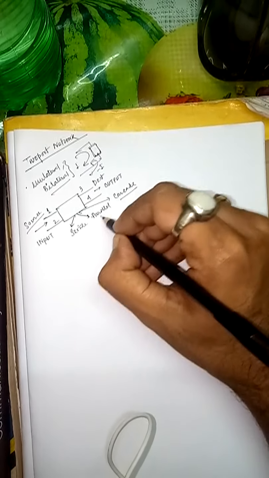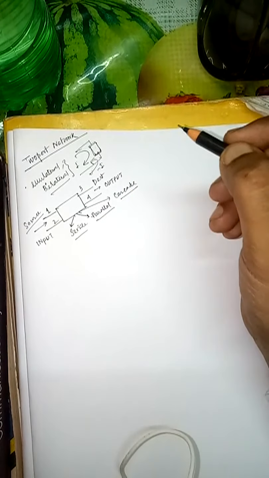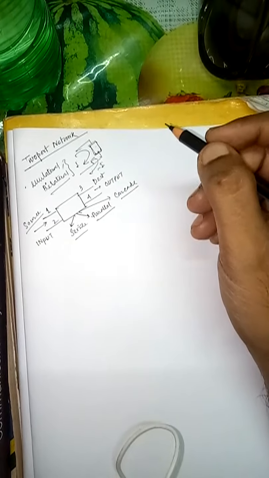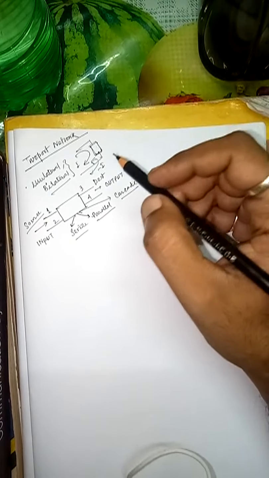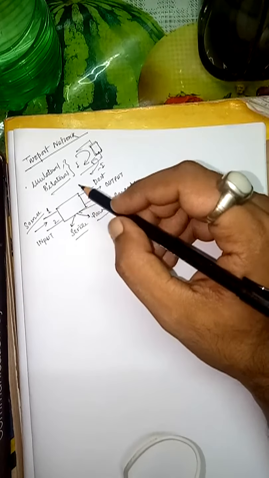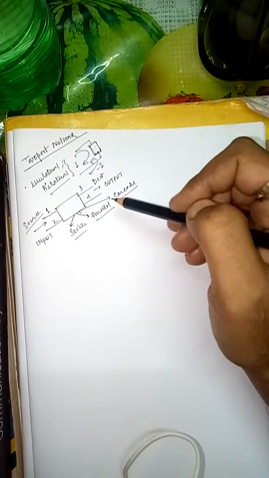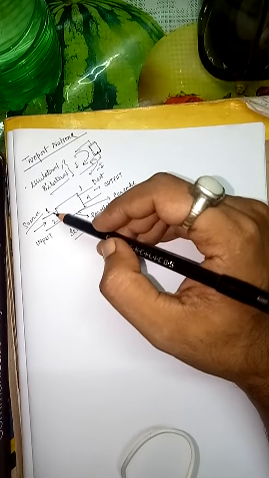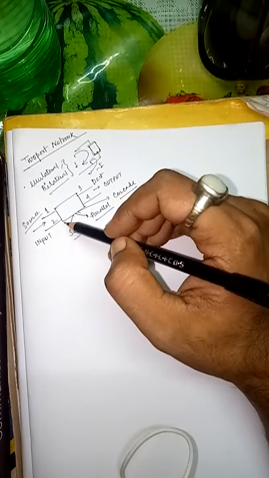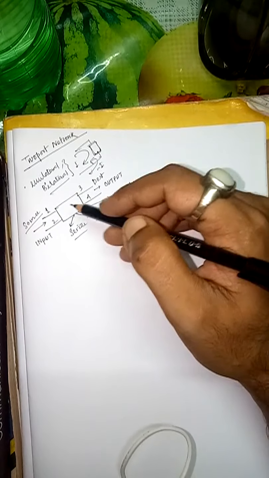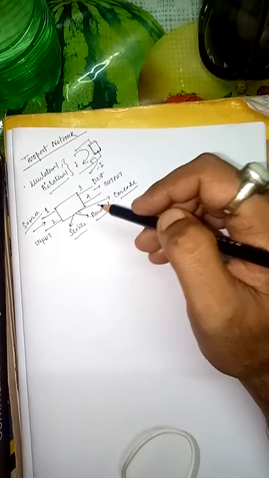Mainly these three types of connection are available in our two-port network section. If a particular network has only one source side, meaning only 1 and 2 are present, not 3 and 4, then this type of network is called a one-port network.